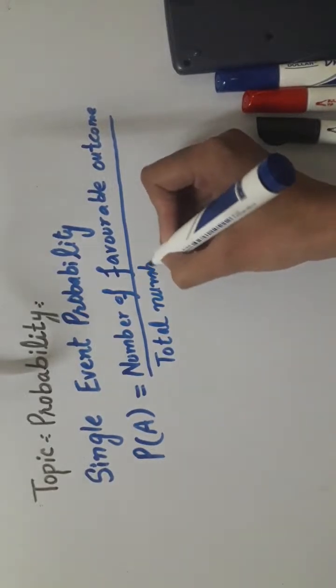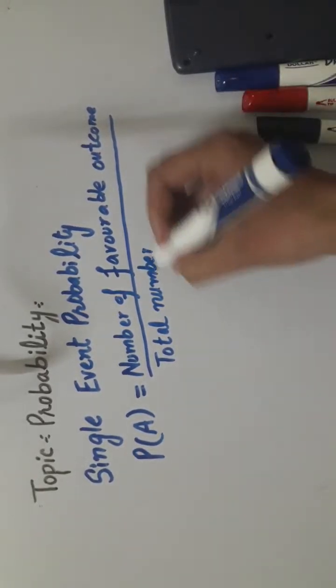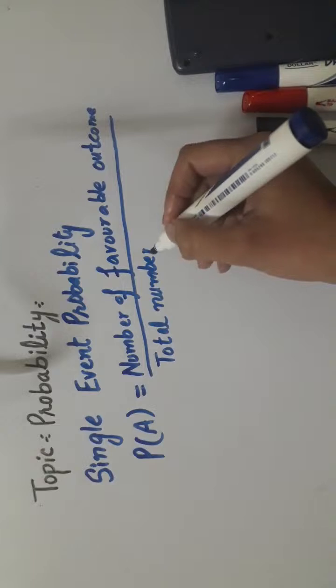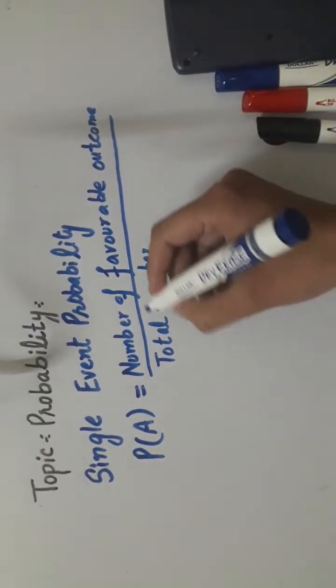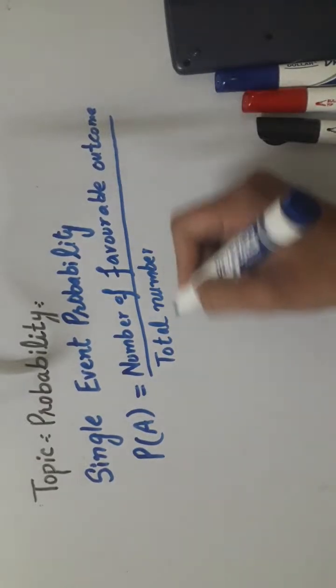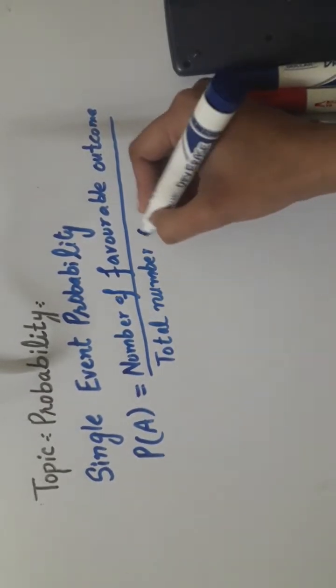So this is the basic formula for probability. In any question, you have to find the probability. You will apply this formula, that number of favorable outcome divided by the total number of outcomes.